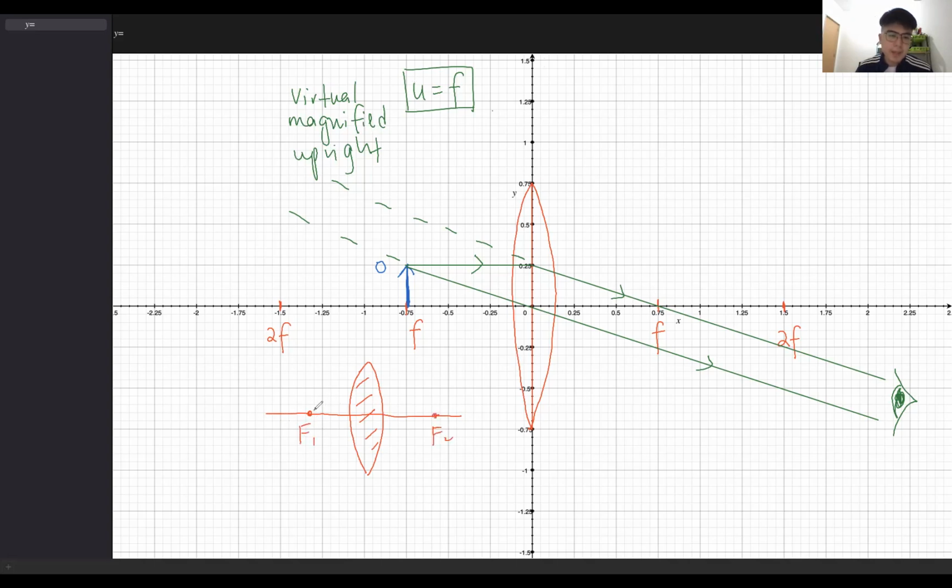What happens if the light is coming from this focal point? On a convex lens, it becomes parallel, correct? So that is why when you put the object at the focal point, you get parallel light rays. That is infinity. So your image would appear as if it is very far away. So this is for U equals F.